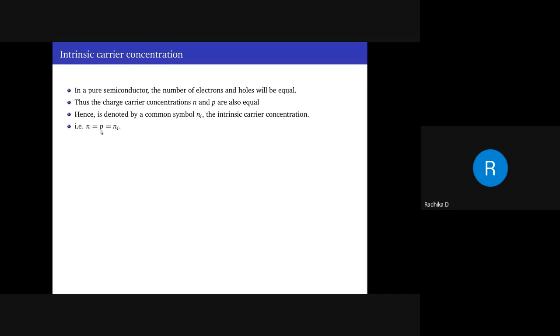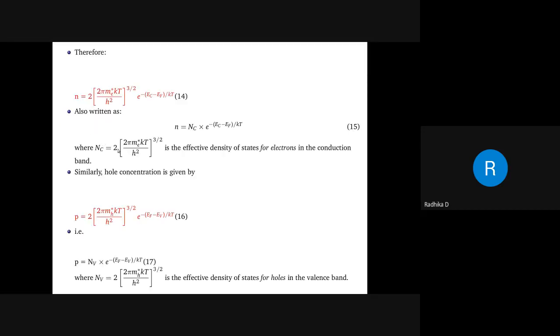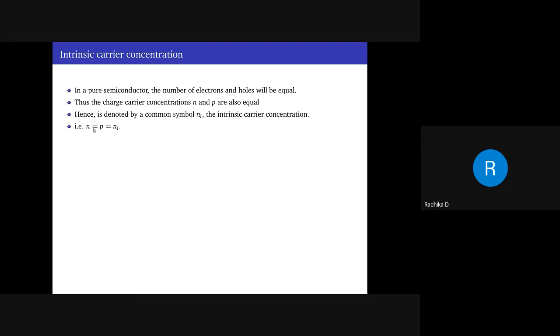So N is equal to P, whatever N and P I got in the previous slide and now. If N is equal to P, I will denote it by a common symbol Ni. This Ni is known as the intrinsic carrier concentration, only because we are talking about an intrinsic semiconductor.